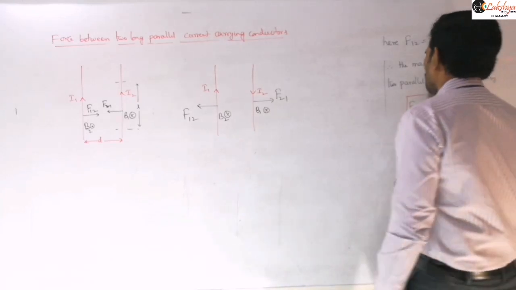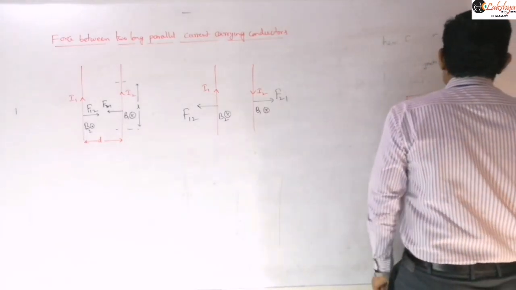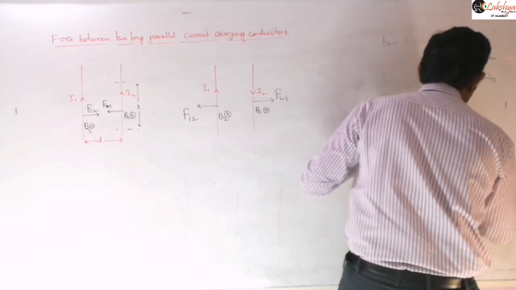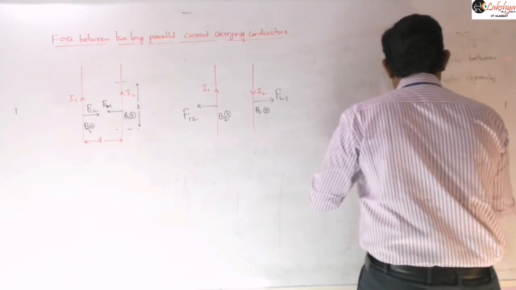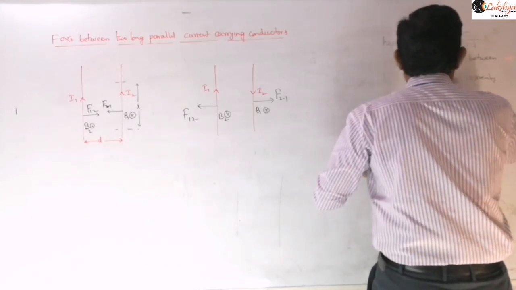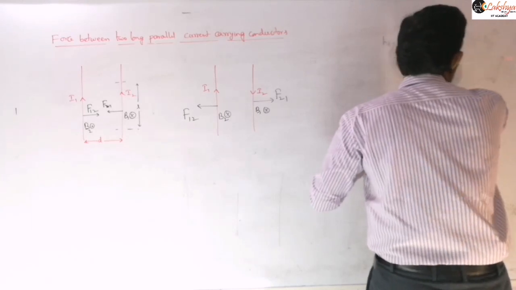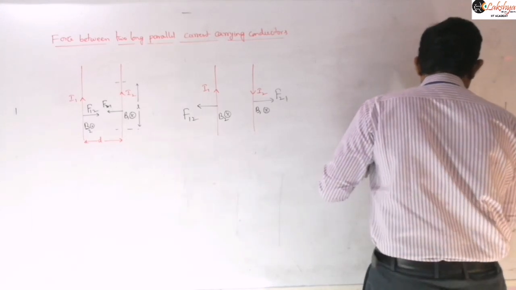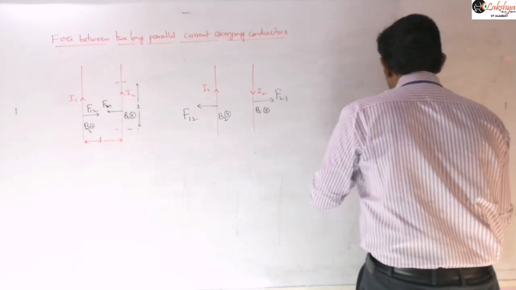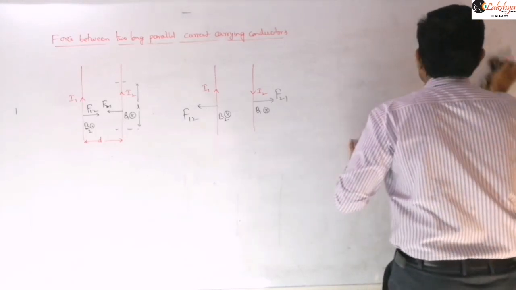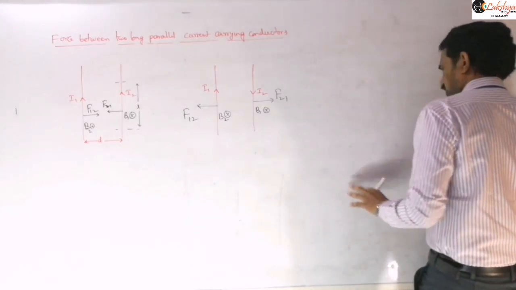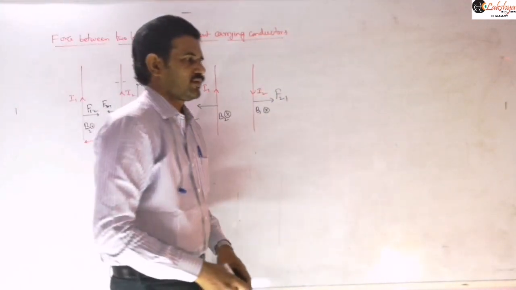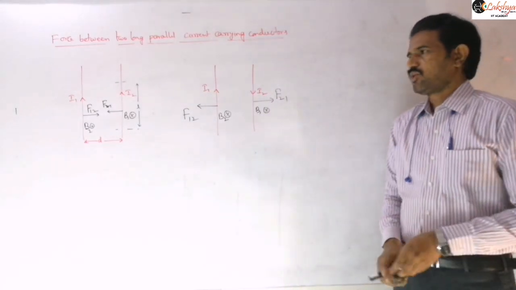The magnetic force between the two parallel conductors will be attractive if the current in the conductors is in the same direction, and it will be repulsive when the current in the conductors is in the opposite direction.